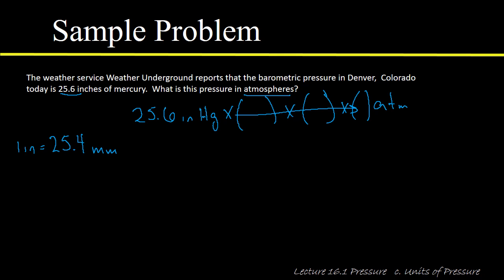We also know if we can get these units into millimeters of mercury, there are 760 millimeters of mercury in 1 atmosphere. So this will allow us to convert from inches of mercury to millimeters of mercury and millimeters of mercury to atmospheres. Looks like that's really all we need to do this, just those two relationships.